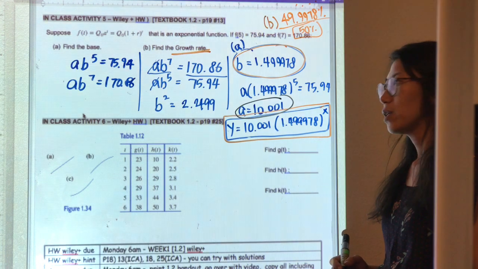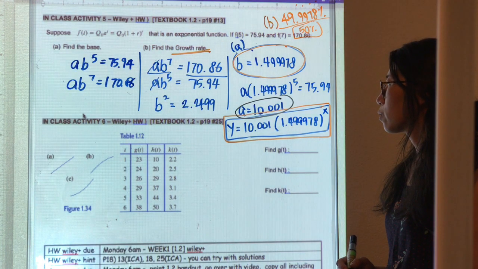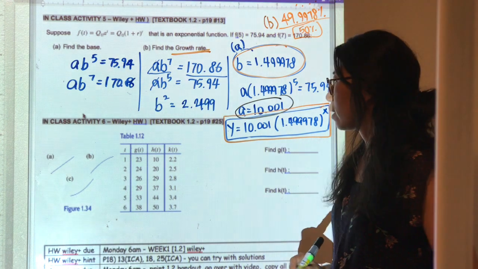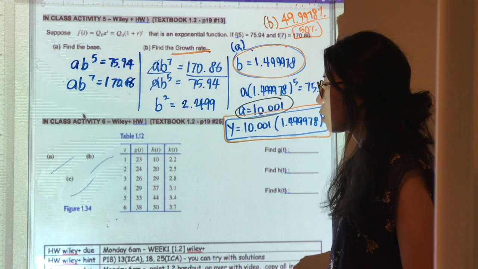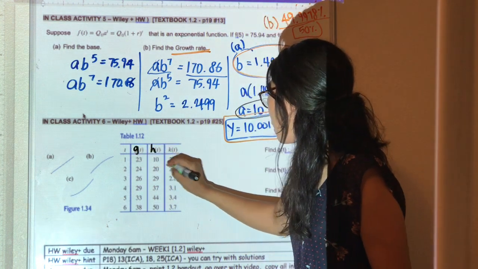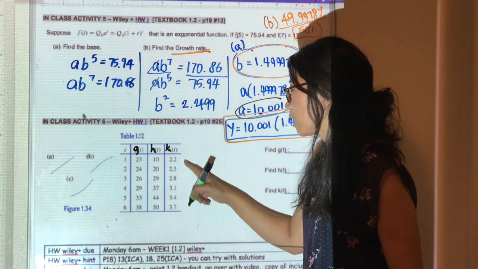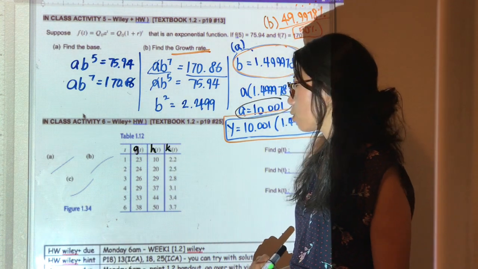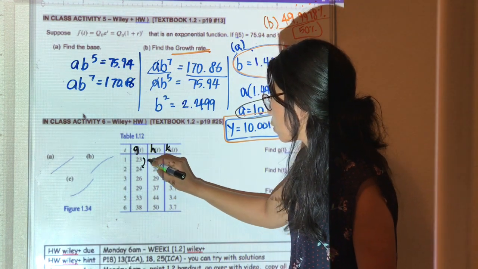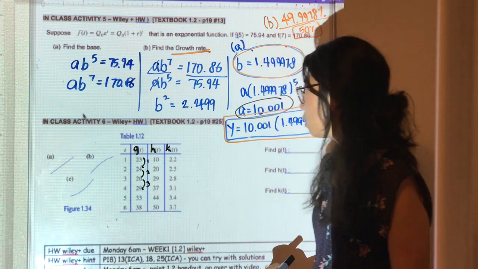Let's continue with in-class activity 6. This is also going to be your textbook question number 25, and I saw it in one of your homework questions. When you look at the functions g, h, and k, as you see, all of these functions are increasing, but they're increasing in different ways. The first one is going to increase by 1, and 2, and 3.